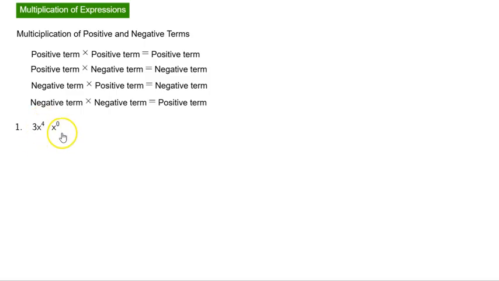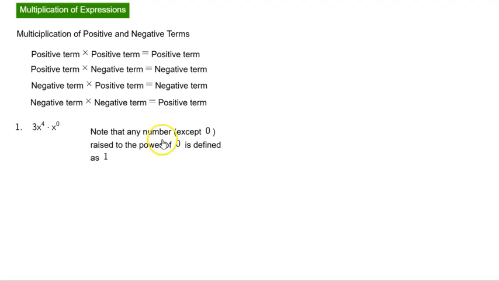3x to the power of 4 times x to the power of 0. Now here, remember, any number raised to the power of 0 is defined as 1, except when we have 0 to the power of 0, which is undefined. So here, x to the power of 0 is 1 for all values of x except 0.